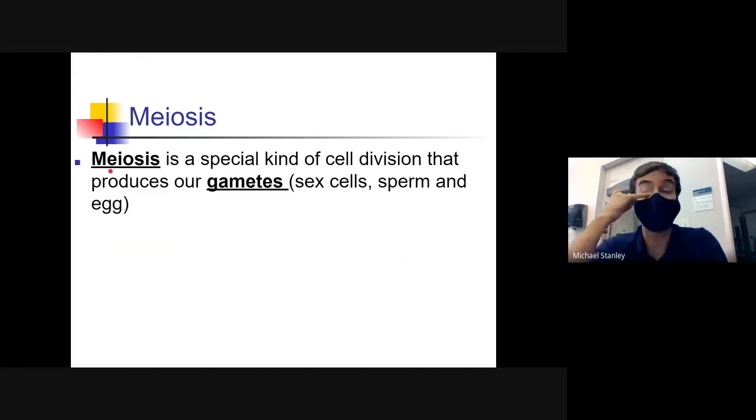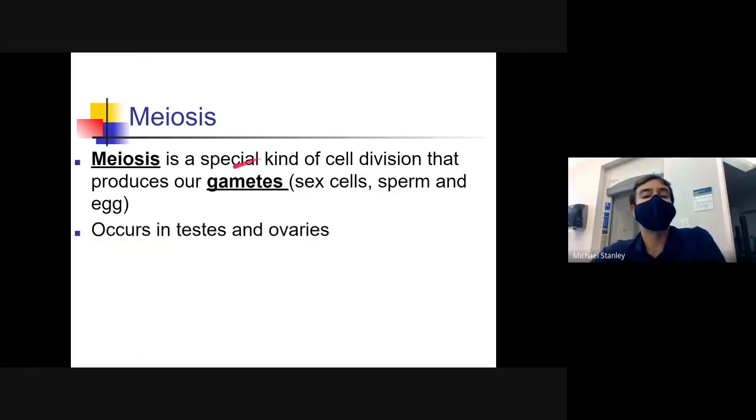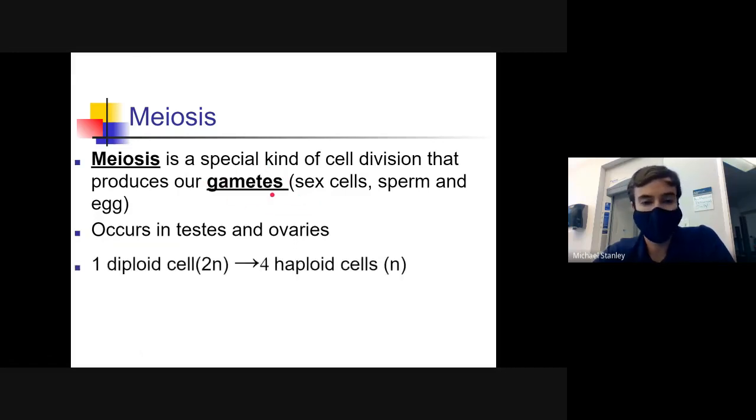And so meiosis is what produces those cells. Because remember, these gametes are not like other cells in our body. These gametes are haploid. They only have one set of 23 chromosomes, not two sets to make 46 like all the other cells.